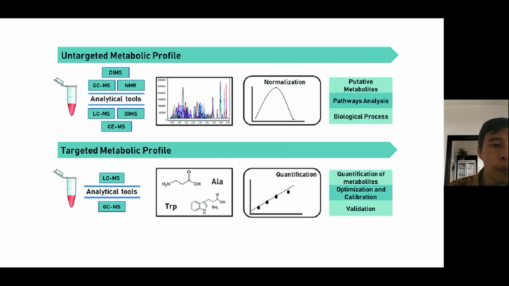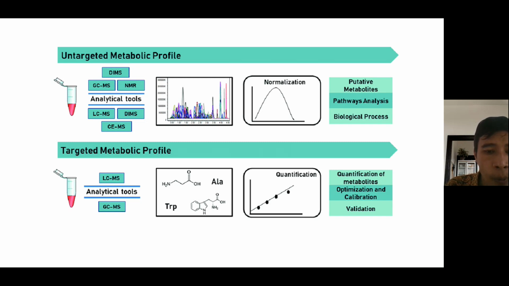But for targeted metabolic profiles, you just use limited tools, because you just need to focus. For example, you focus only on measuring the concentrations of alanine or tryptophan, certain amino acids in your sample.